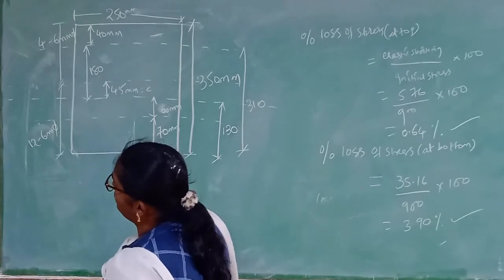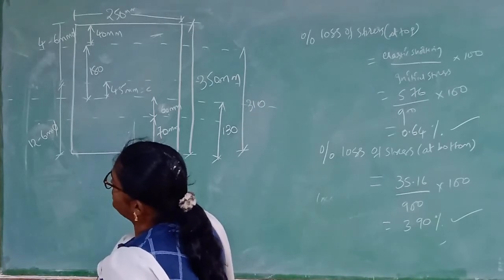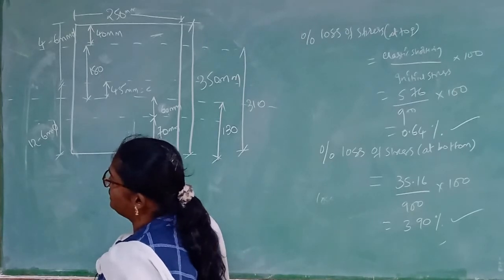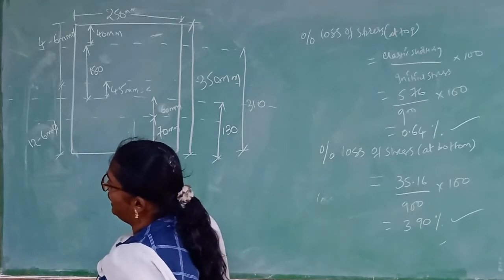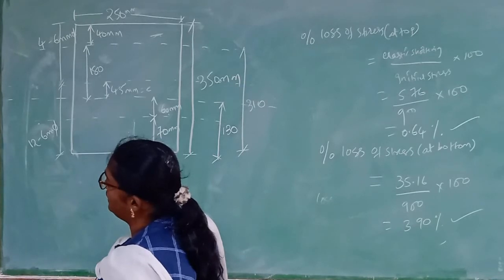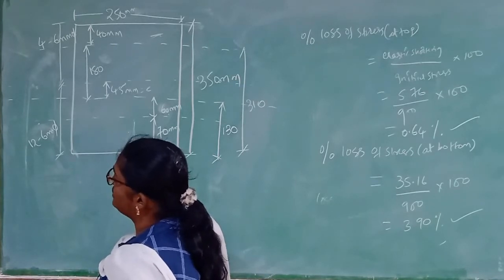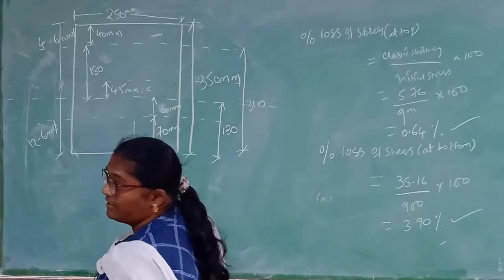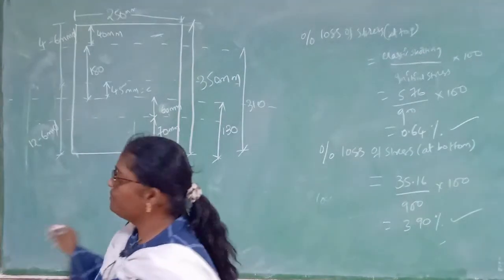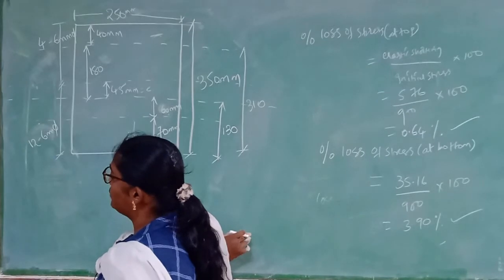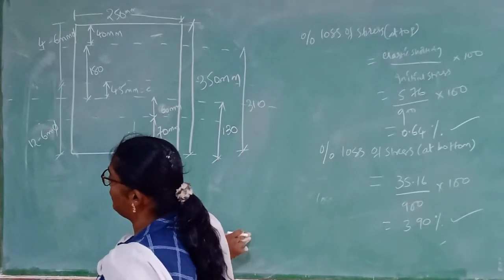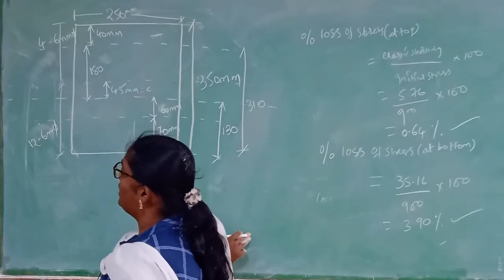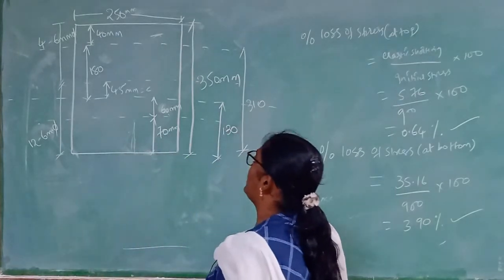In the top, similarly 4 wires of 6 mm at 40 mm, and he has given the initial stress, 900 Newton per mm square, right? So he has asked us to find out the percentage loss of stress in the steel wire due to elastic shortening of the concrete, right?